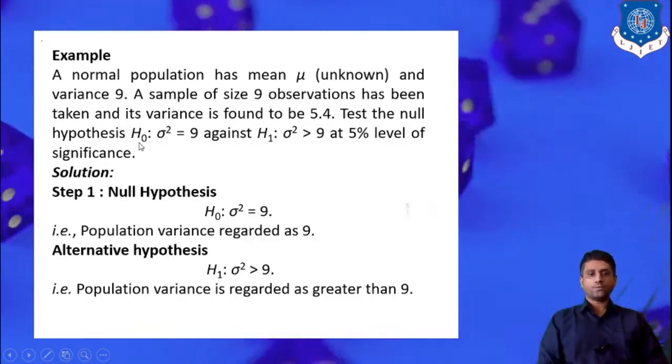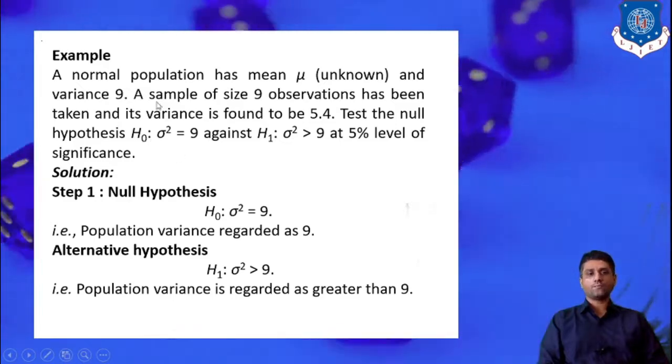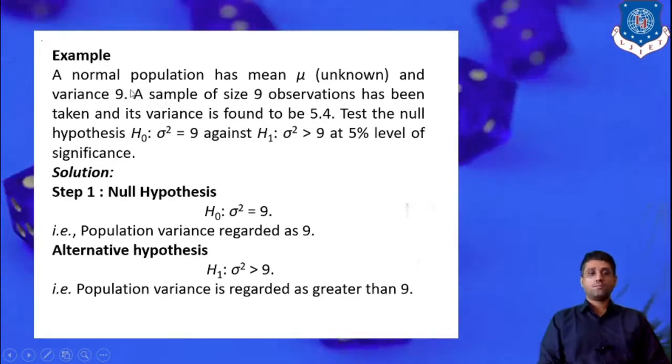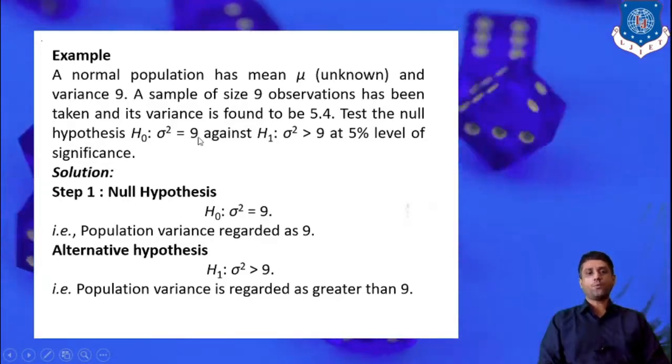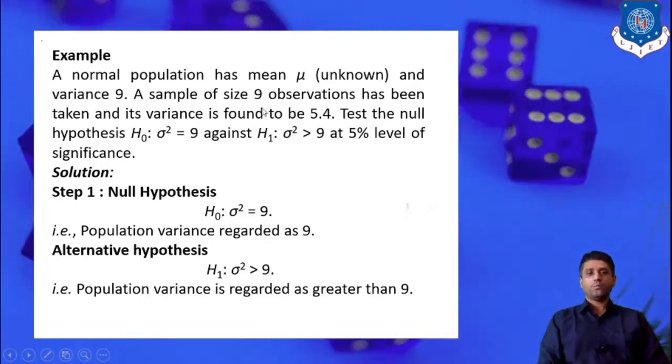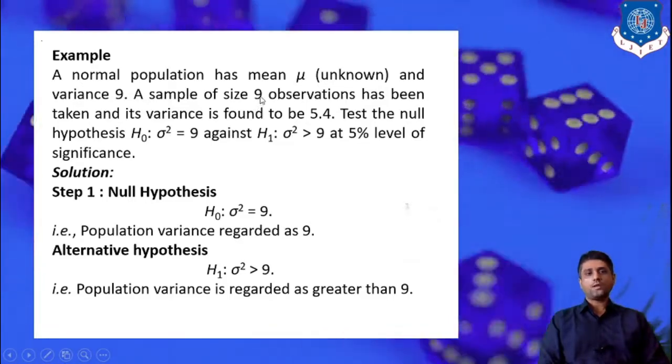Test the null hypothesis H naught, that sigma square, the variance, is equal to 9. So the population variance is 9, but when we collected the 9 observations, the sample variance was 5.4.